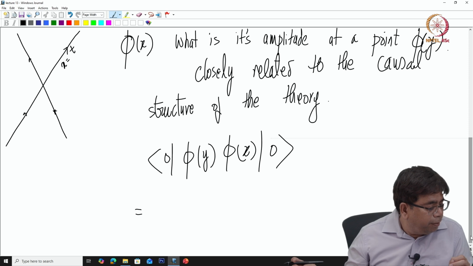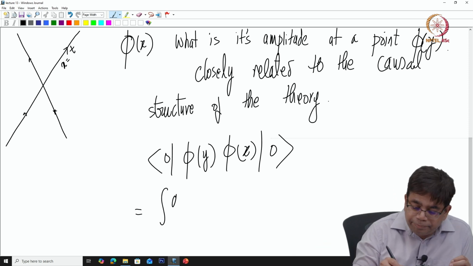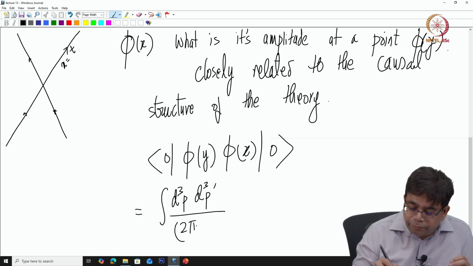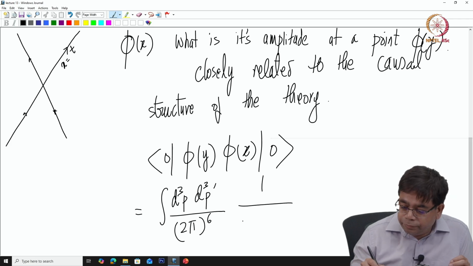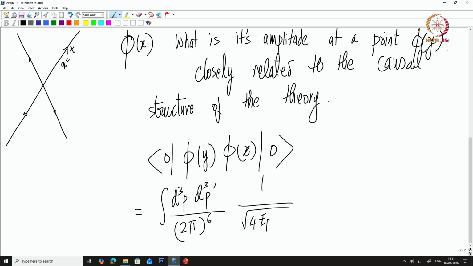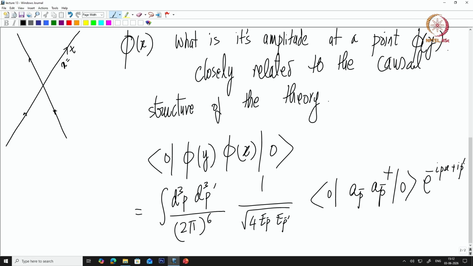Let us write it in terms of this mode, and this gives me this. Now this you can do.